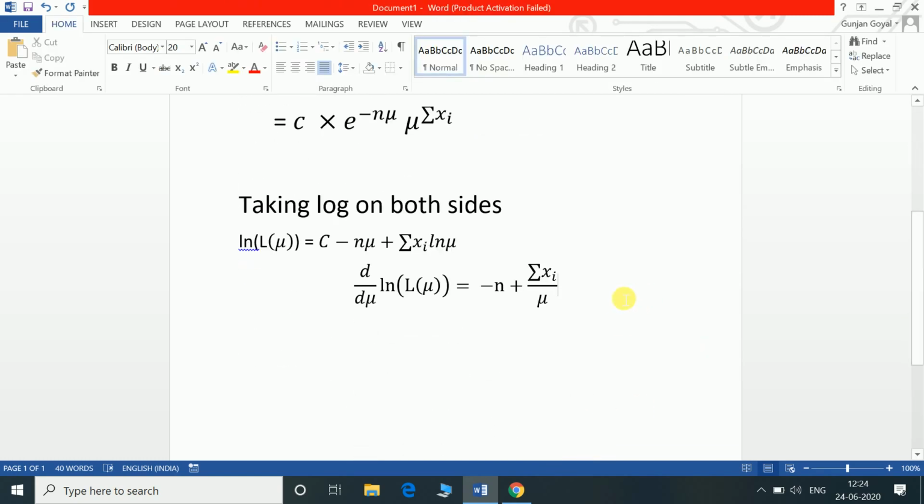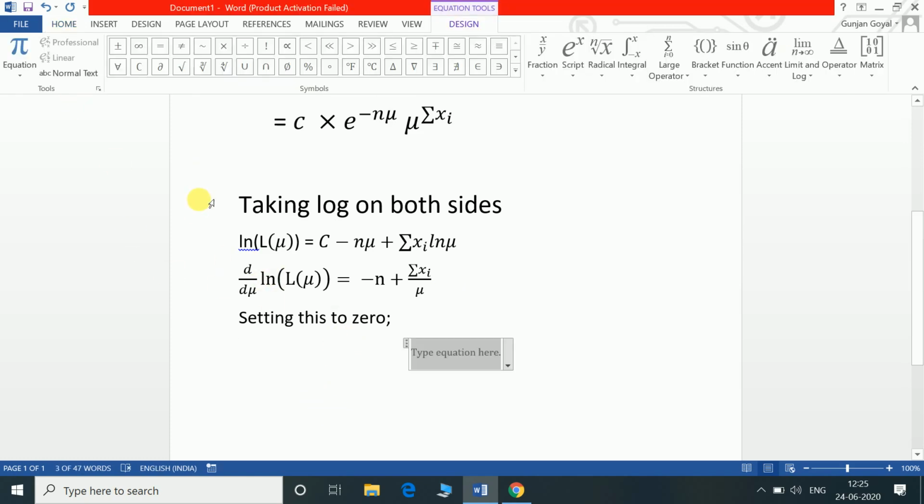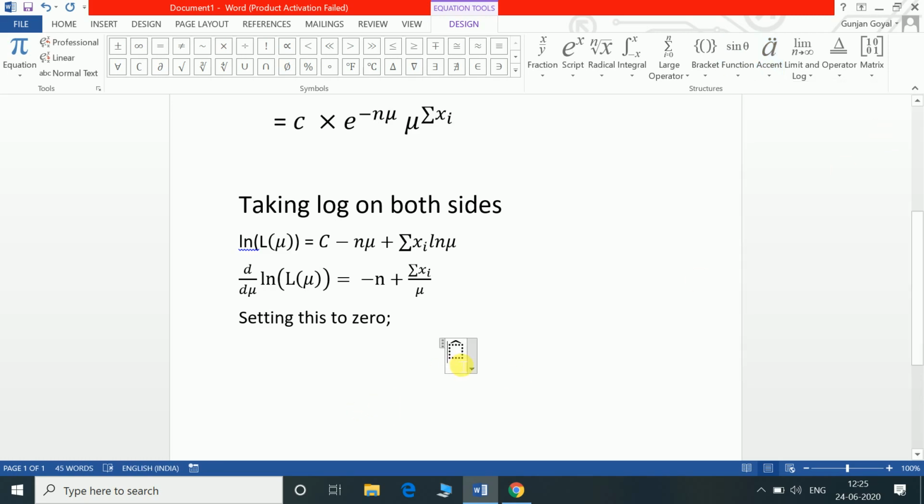Okay, you can see this, and if you see the orientation, just give a space. The orientation will come, and now we have to set this to 0. So setting this to 0, you get this equation for mu hat. Now how will you write mu hat? Again Alt equal to, I'll go to this accent, and in this one is my hat. And I'll just write divided by mu.